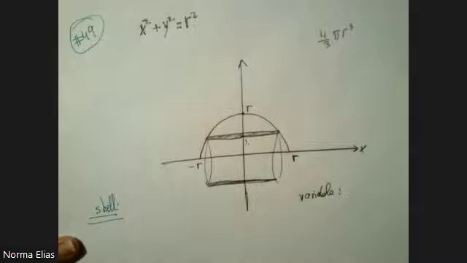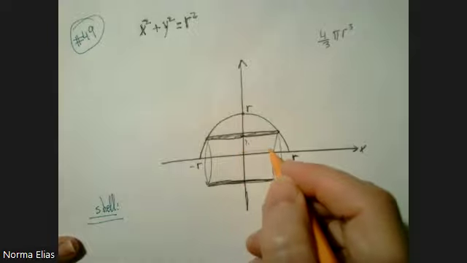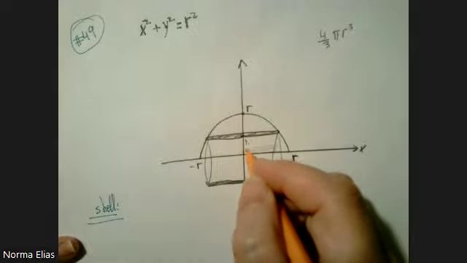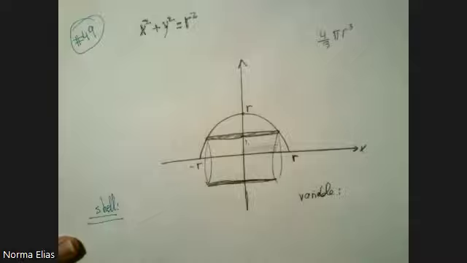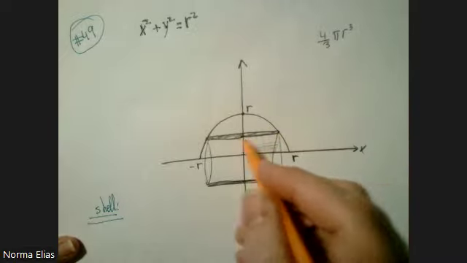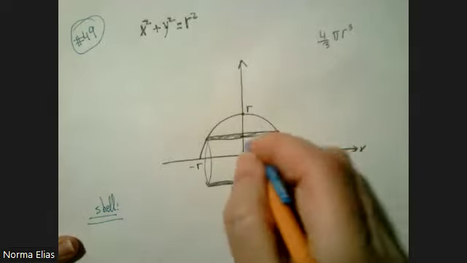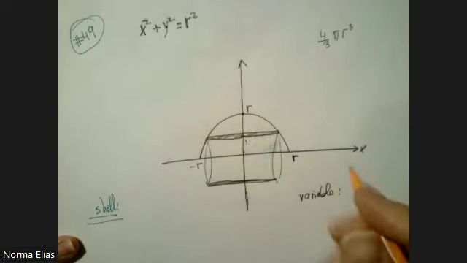Which interval do you have to cut the pieces? You're not cutting them vertically, you're cutting them horizontally. It means y is your variable. So, variable y.